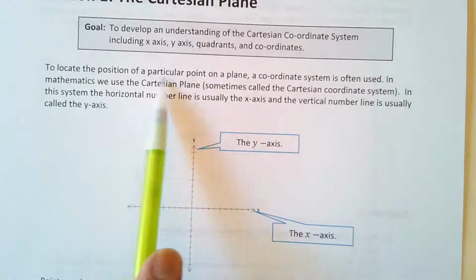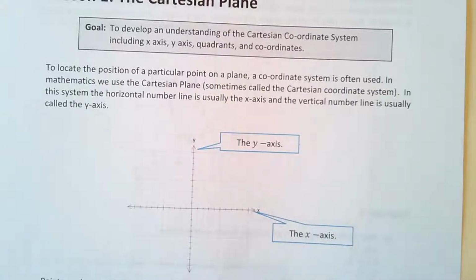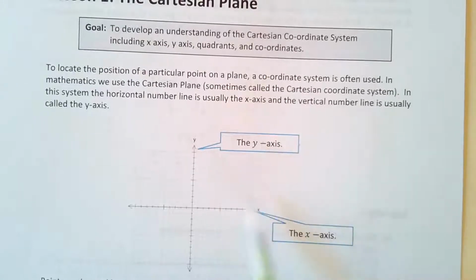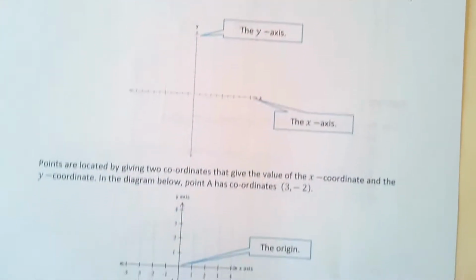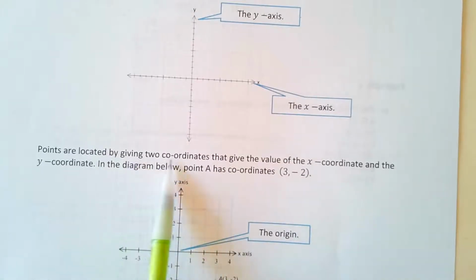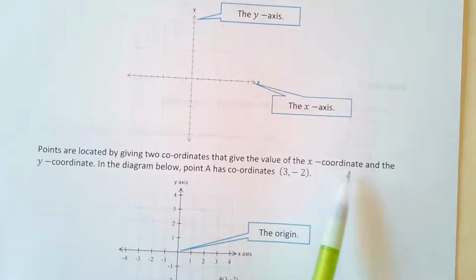To locate the position of a particular point in the plane, the coordinate system is used. This is your y-axis, that's your x-axis. Points are located by given coordinates that give the value of the x coordinate and the y coordinate.